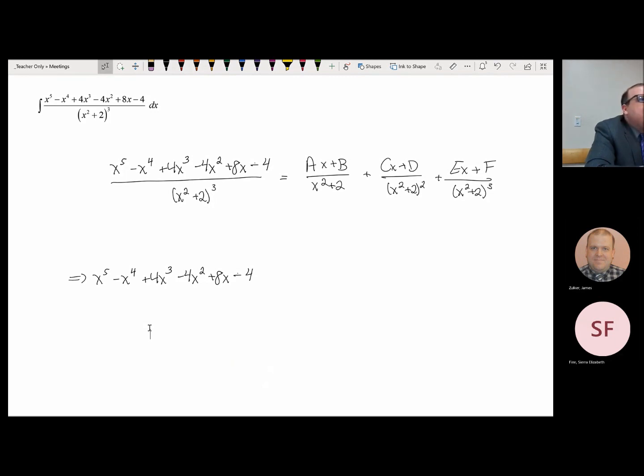Now, again, it could turn out that some of these are going to be 0, right? So maybe there won't be an x term. But there could be. So we have to clear out fractions.